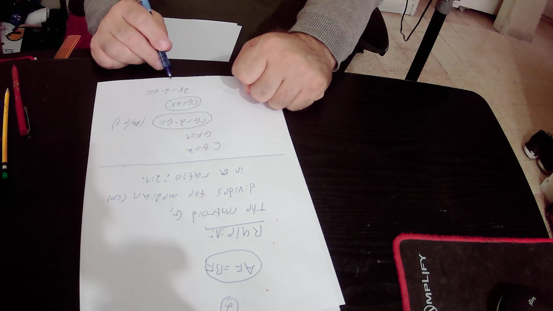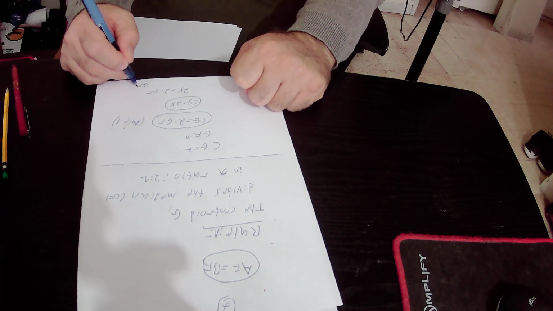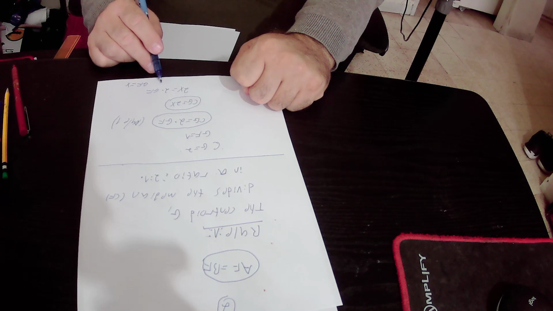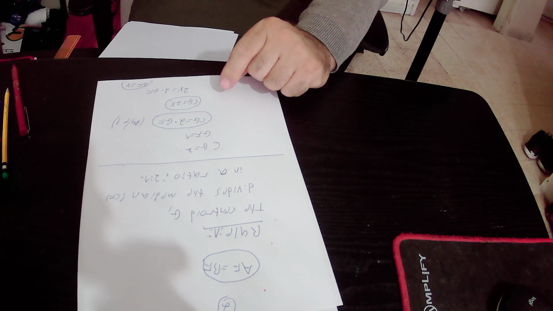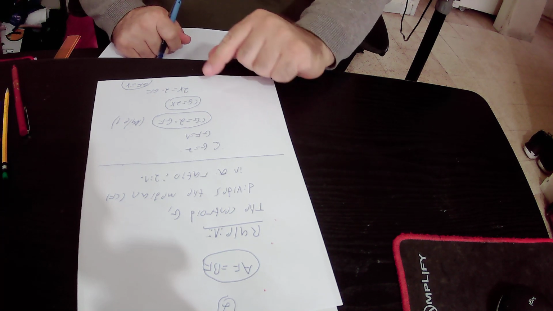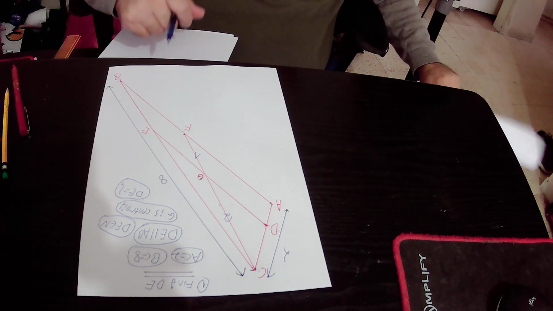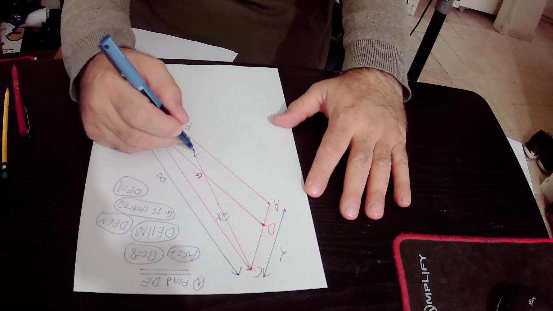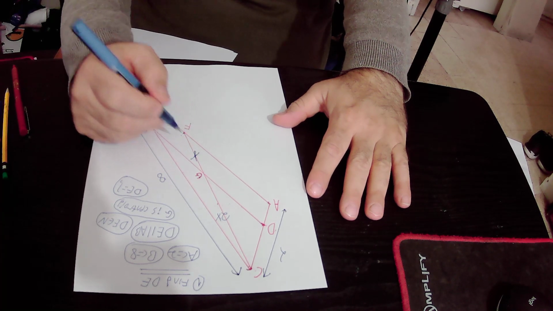Here we will divide this equality by 2, and we will get that GF equals x. So we can write here that if CG equals 2x, then GF will be equal to x.